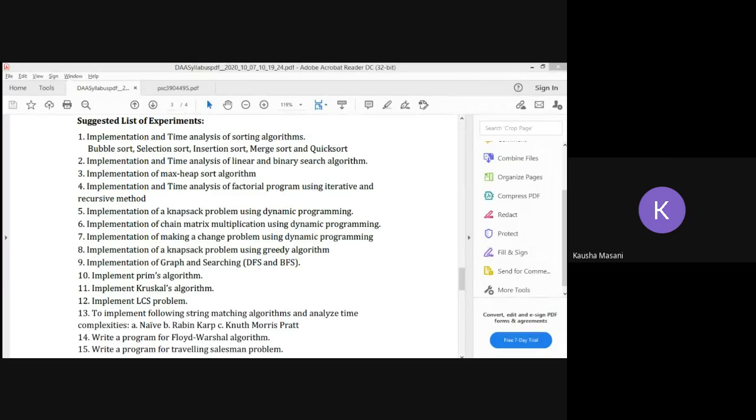I will see first of all the format. I'm going to keep it the same as what we used to do in OS. Okay, I'm going to create a Google Classroom for you. For B batch I have already created. For A batch I'm going to create when you come for your lab.